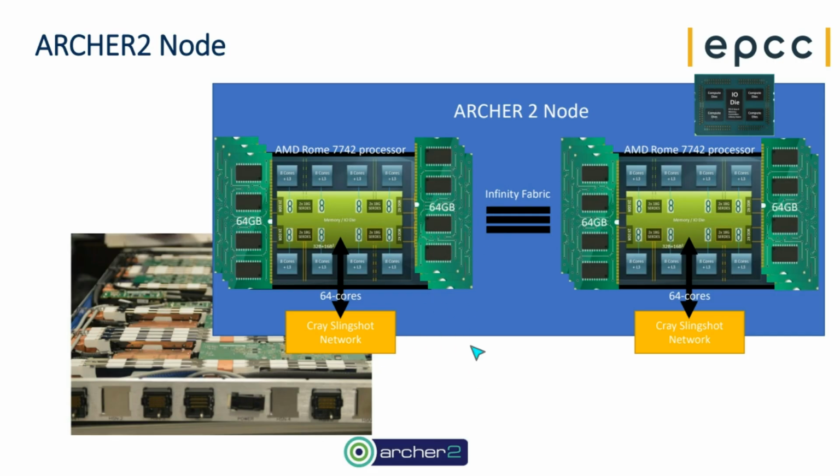I'll talk about the NUMA region architecture a bit more in a minute. Then these two processors are connected together with an internal network fabric, and each of the processors has its own connection out into the Slingshot network.